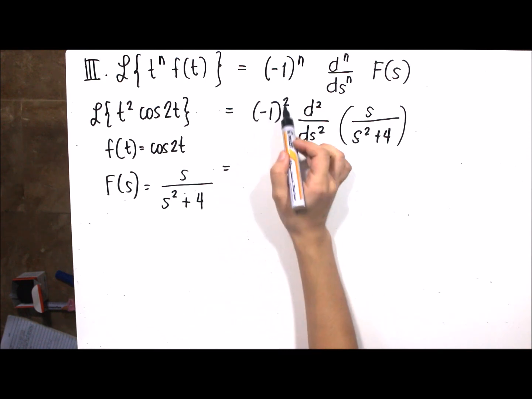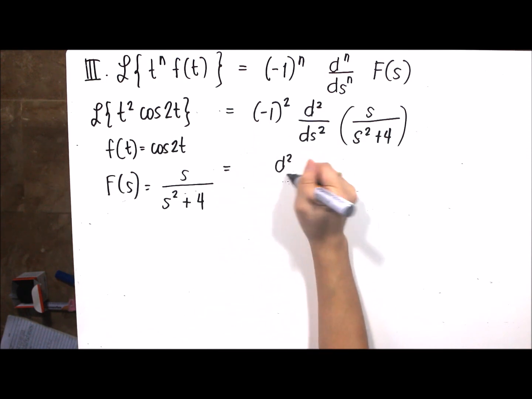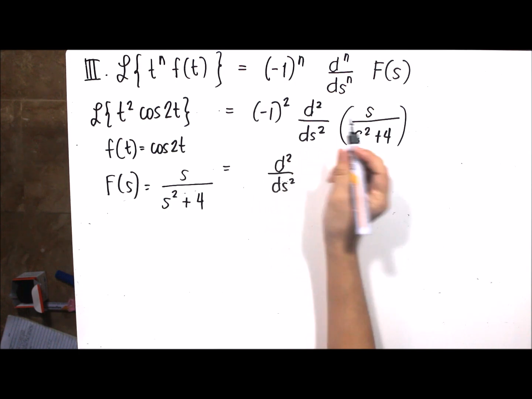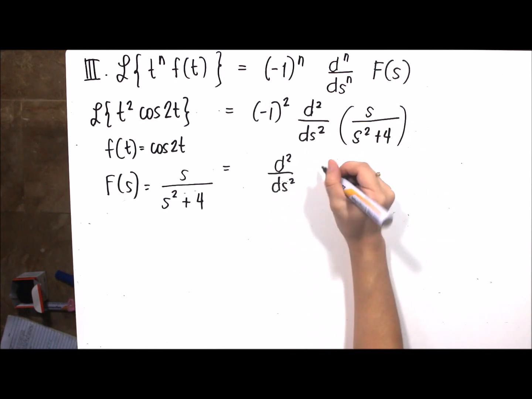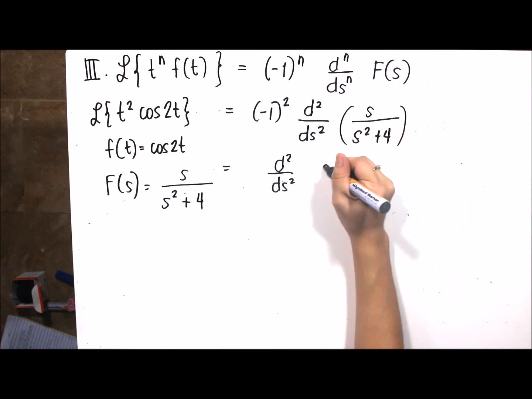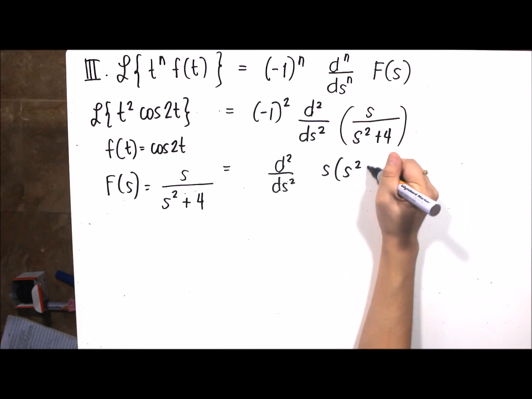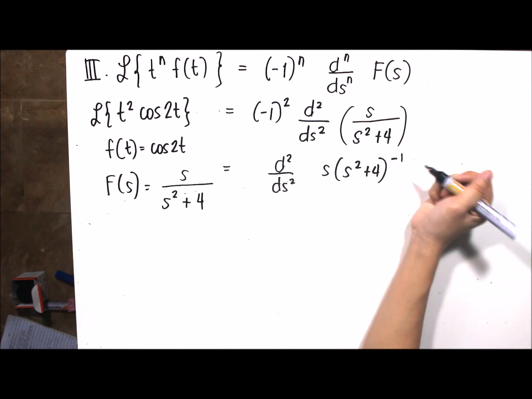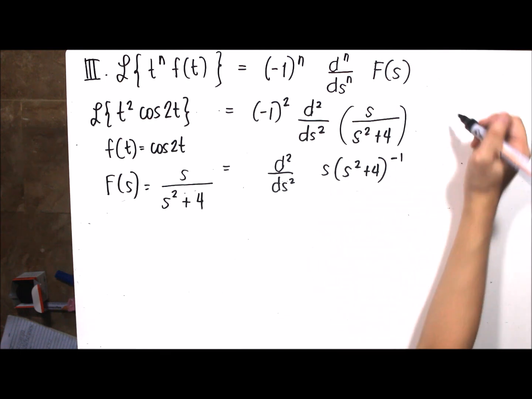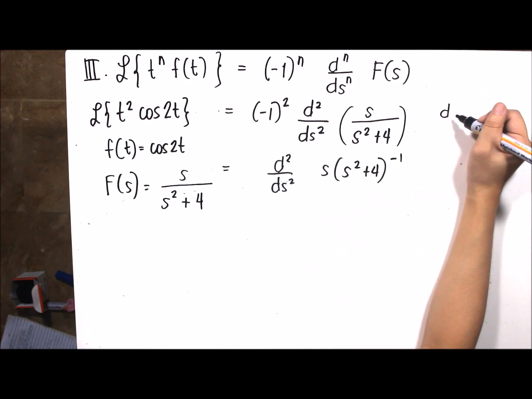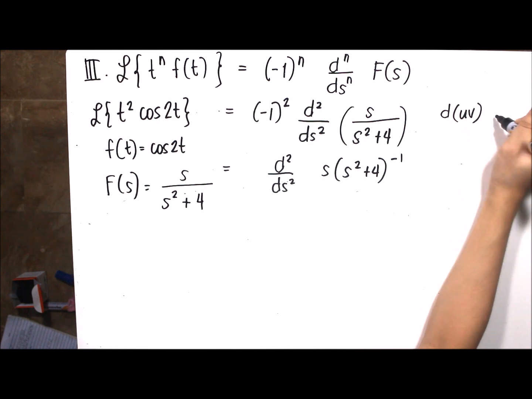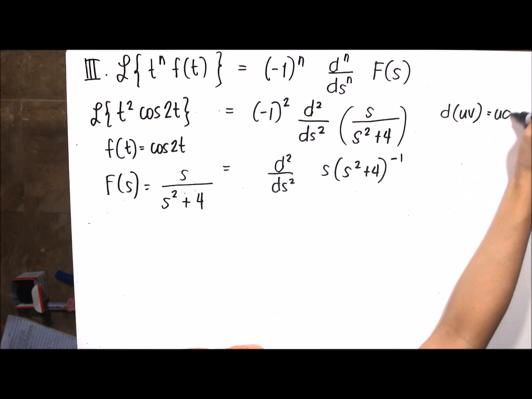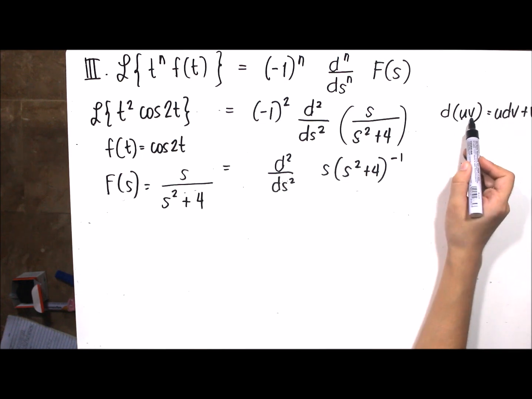Okay, so we have positive 1, second derivative. To solve this easily, let us rewrite this. So we have s times s squared plus 4 raised to negative 1, wherein we will apply the differential of uv. And that is u dv plus v du.